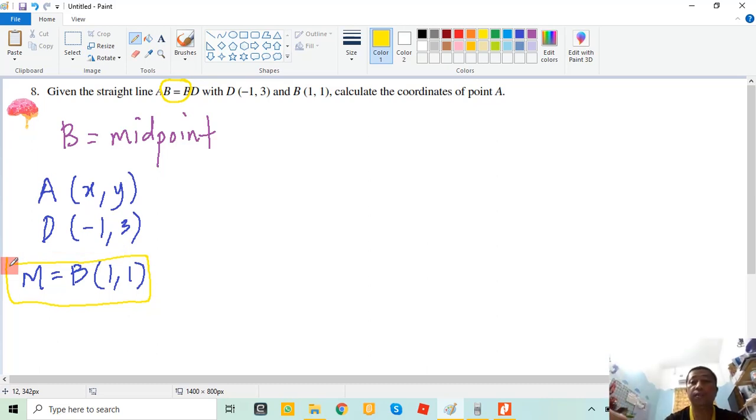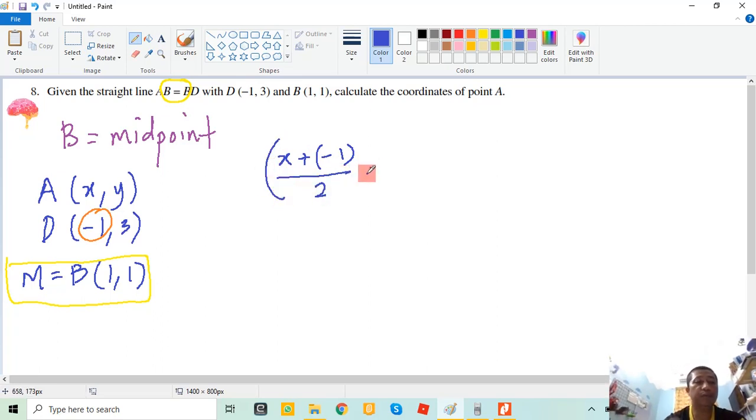Okay, so now we answer the question. x1 plus x2. x1 we write as x, plus x2. x2 from point D, which is negative 1, and then divide by 2. Don't forget the bracket.